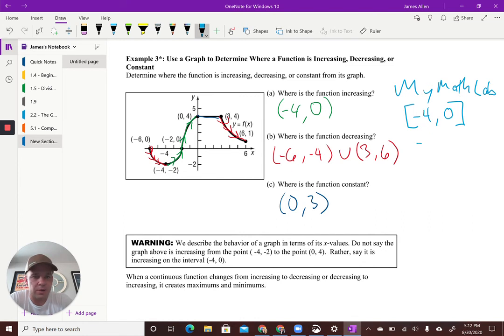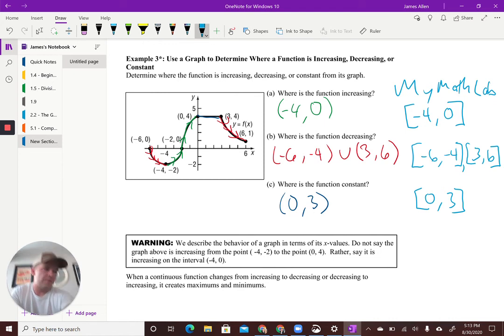And then for this one, it would have been -6, -4, and then separate with a comma, which is what they usually say instead of the union sign. And then this last one would have been 0, 3. Again, this is incorrect for intervals of increasing and decreasing, but there's nothing we can do about it in that book, so we have some give and take there. All right? That sounds pretty good. Jenny, you follow along. Make sure to remember that when you're inputting these into MyMathLab. Okay, cool. Jenny's on board, so hopefully you guys are as well.